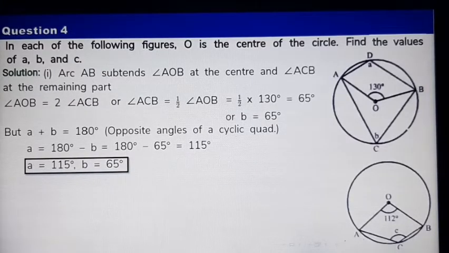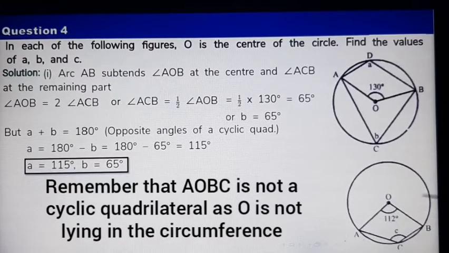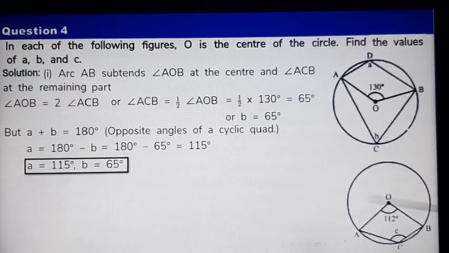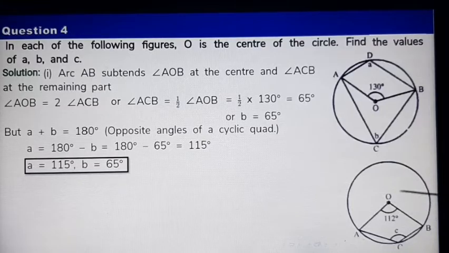Now if you see carefully here, if I call this my arc, then the angle subtended by this arc at the center will be this angle, which is greater than 180 degrees. So this is also known as reflex angle AOB.